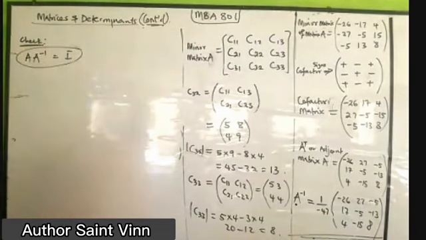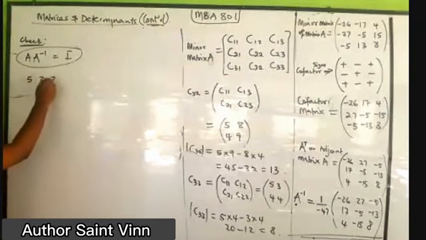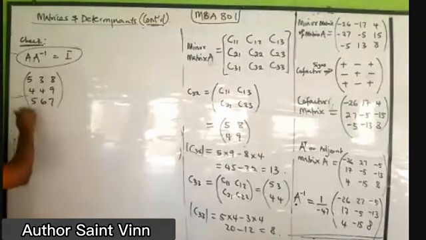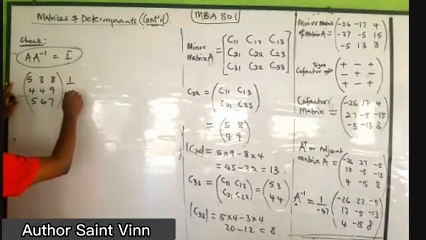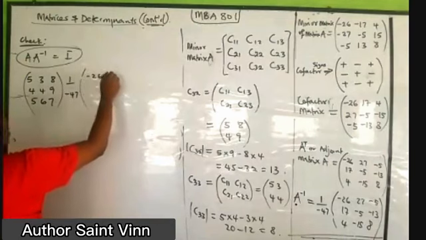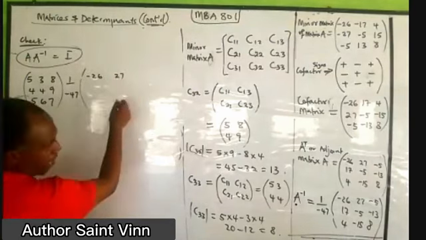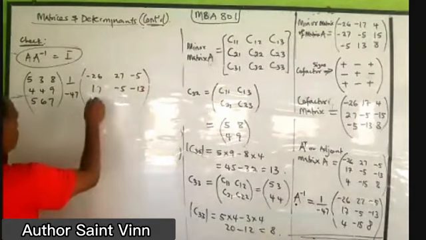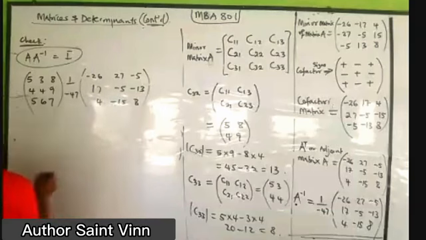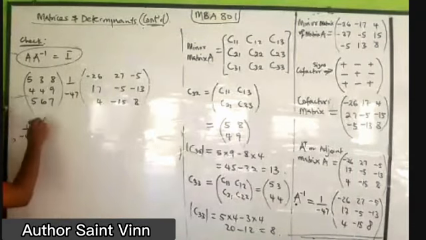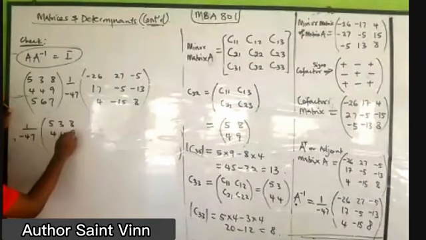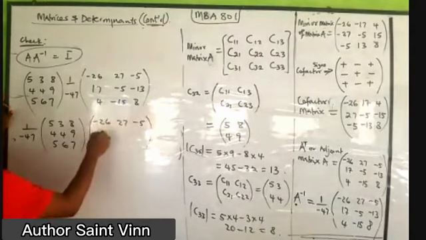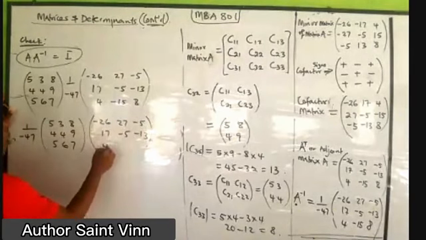What's our original matrix? 5, 3, 8, 4, 4, 9, 5, 6, 7. This is the original one, which is A. The one we just got is something like this: minus 1 over 47 into 26, 27, minus 5, 17, minus 5, minus 13, 4, minus 15, 8.